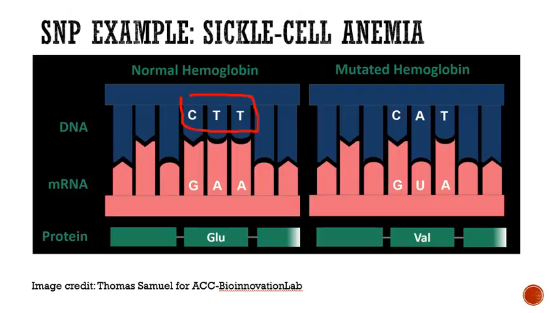I only point that out to remind you that when we're looking at SNPs, we're only considering one very small piece of a given gene. Sometimes there's actually multiple SNPs on the same gene that can impact function, and sometimes those SNPs interact with each other. So there can be lots going on. We're just really looking at a tiny piece.